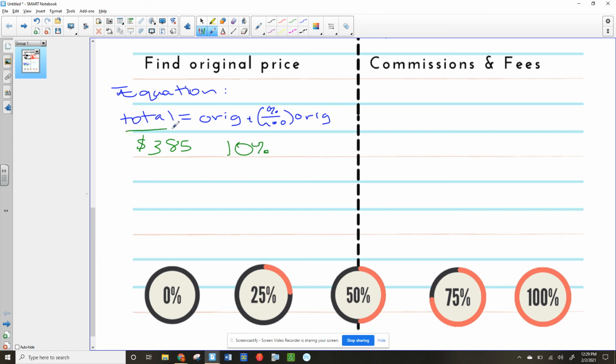So in my equation, my total is $385. I don't know my original price, so I put an X plus 10 over 100 is 0.10 times my original price, again, is X. So I have a 1X and a 0.1X, so I can add those together.